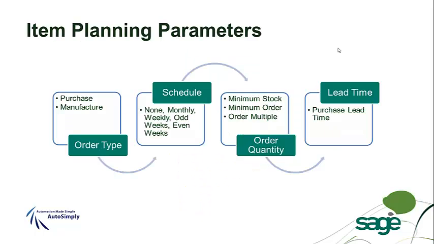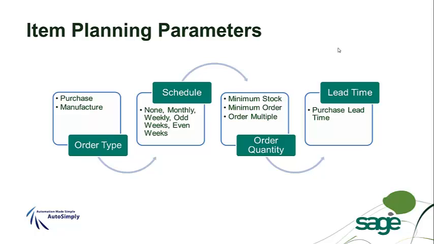In the planning module, we can define item planning parameters in terms of order type, schedule, order quantity, and lead time. In terms of order type, we can determine if an item is to be purchased by default or manufactured by default. In terms of schedule, we can define weekly, monthly, odd or even weeks.